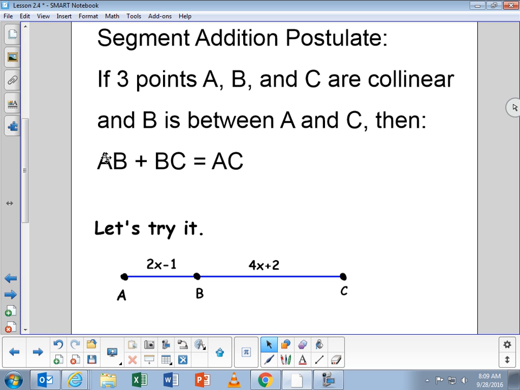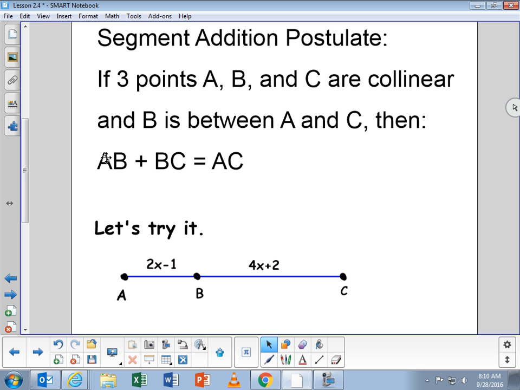The segment addition postulate says if 3 points, A, B, and C, are collinear, meaning all on the same line. What does collinear mean? All on the same line. And B is between A and C. B being the middle letter is the only important thing in this rule because we've got this set up as B is in the middle.